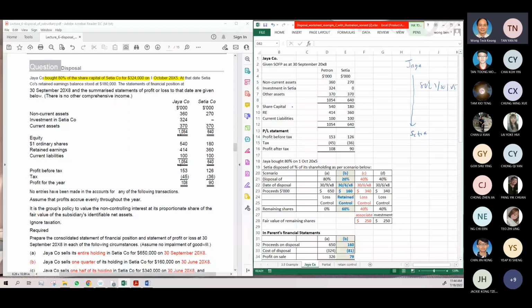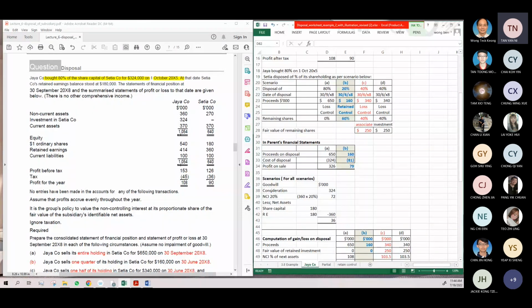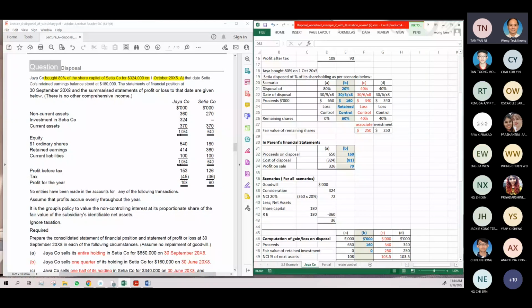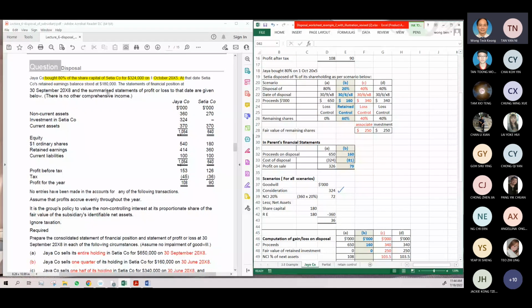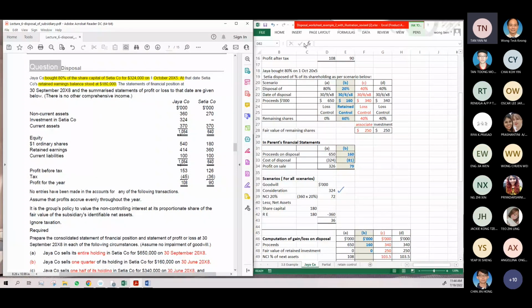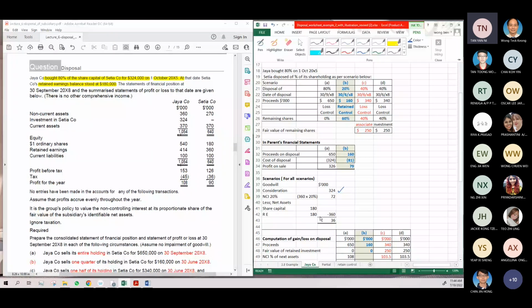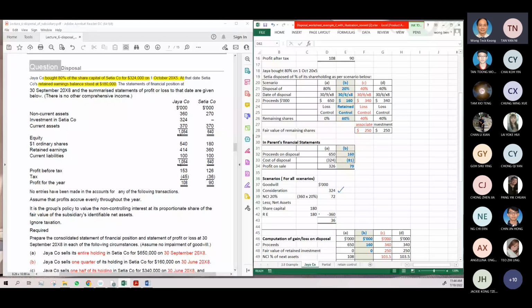So we have goodwill computation here, like goodwill consideration, 324,000. Okay, and now we continue. So we keep earning 180. So put there 180. For goodwill computation, remember goodwill computation is consideration plus NCI minus net assets.